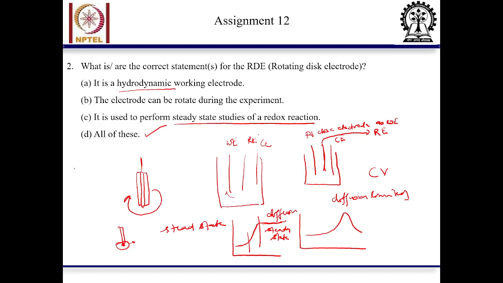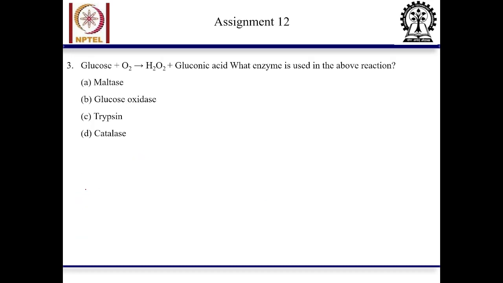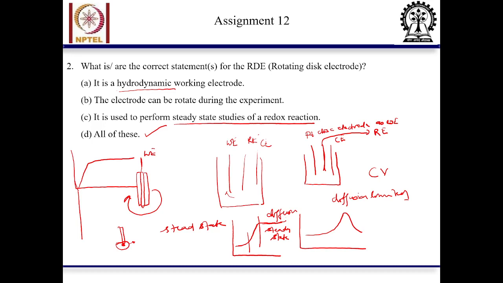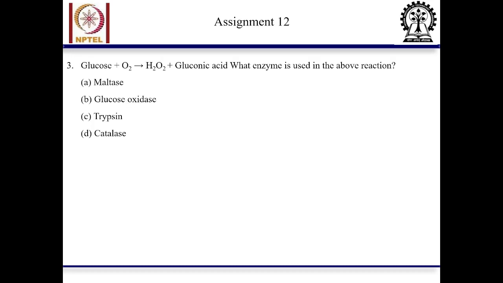So suppose your reaction is happening this way on the working electrode, then on the ring electrode it will be like this. This is called the ring electrode, and this is your working electrode, correct? So this is how CV is different from the rotating disc electrode.